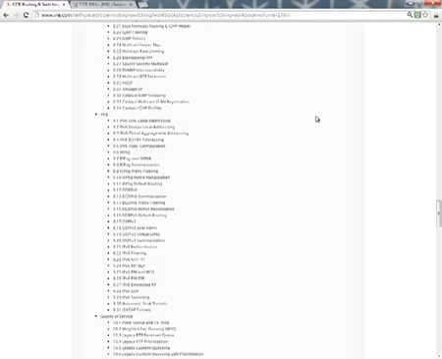I bought two 3550s simply for the fact that I would be able to do layer 3 switching, which actually is a nice feature. And then once you have that up and running, you can simply apply it wherever you need it to. So you can take your layer 2 physical environment and apply it to your GNS3 topology, and I'll show you that in a later video. But that's basically how that works.